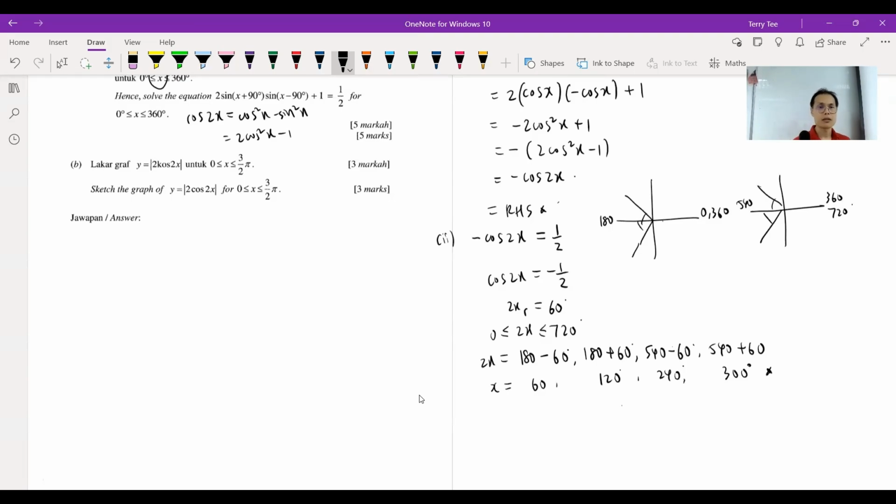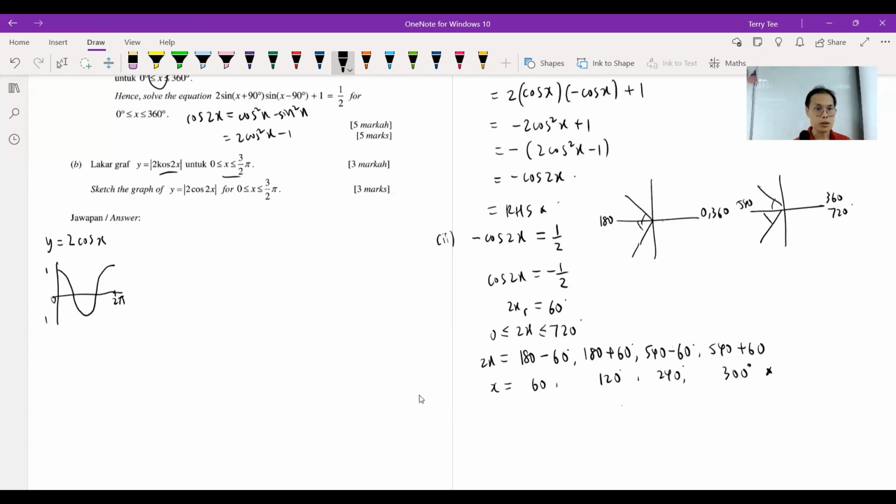Next, lakarkan graph y equals to 2 cos 2x, yeah, for x between 0 to 3/2 pi. Okay, so first of all, we know how to draw or sketch the graph of cos, right? The graph of cos starts from the top here, goes down, and up. This is from 0 to 2 pi. Take note, the angle is in radian. Normally, if it's 1, then this is 1.